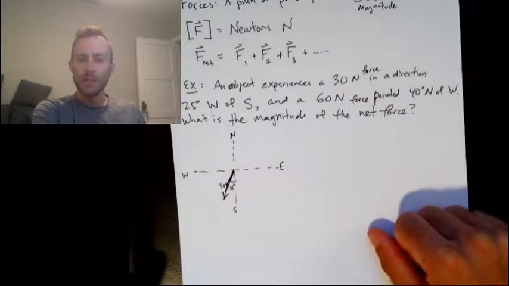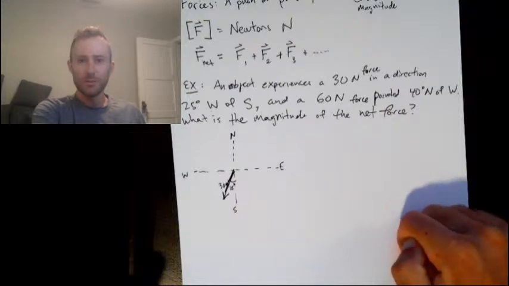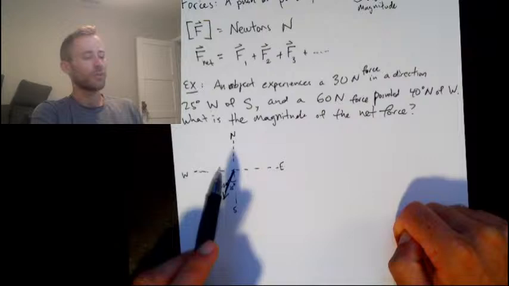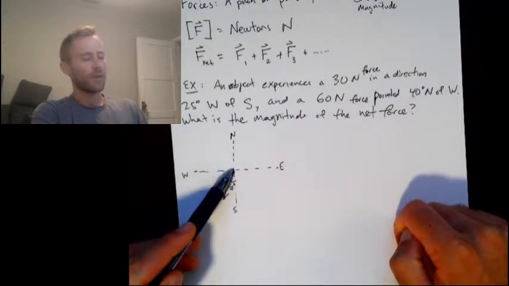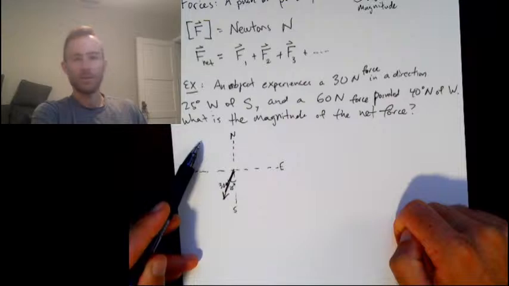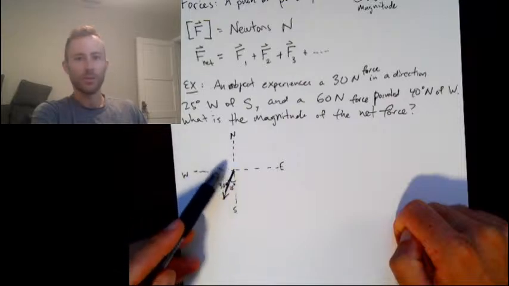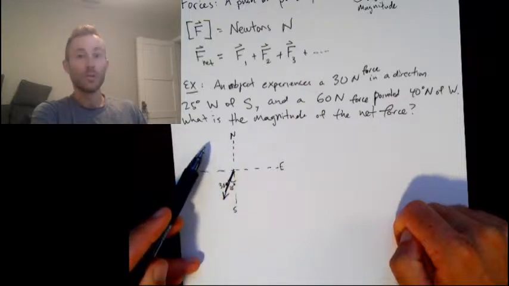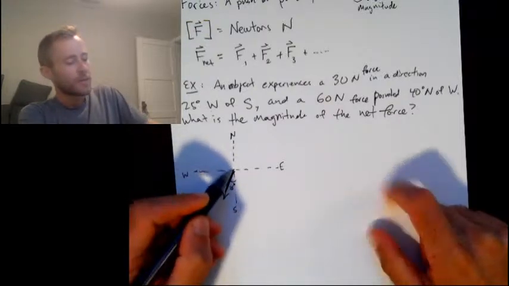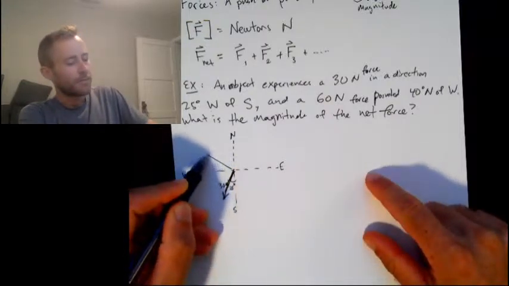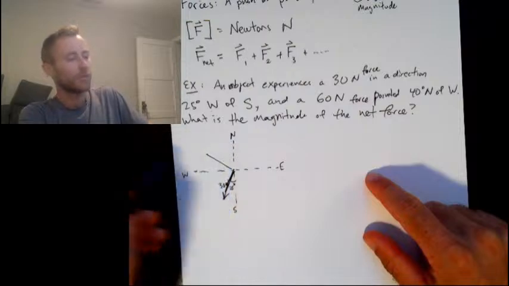And then we have a 60 Newton force pointed 40 degrees north of west. So I'm going to start with the westward direction, and 45 degrees is kind of halfway between west and north. I go 40 degrees north of west, so a little bit less than halfway between north and west.